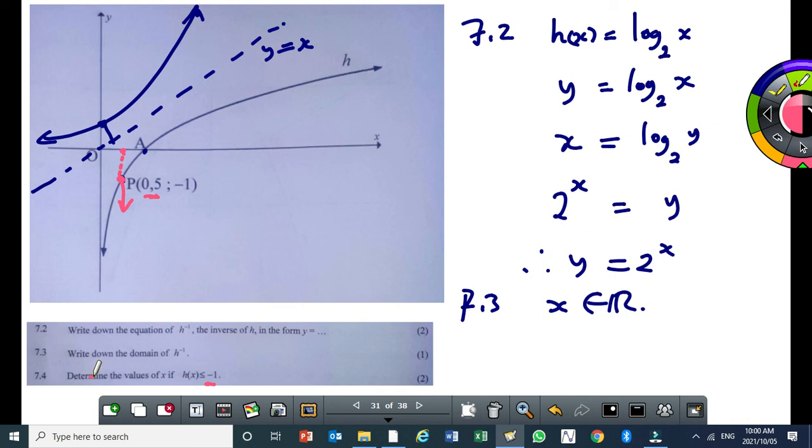The answer would be 0 is less than x, and x is less than or equal to 0.5, because there is an equal sign there, we include 0.5, and that would be your answer. So between 0, excluding the 0, and 0.5 included, the y values are less than -1.